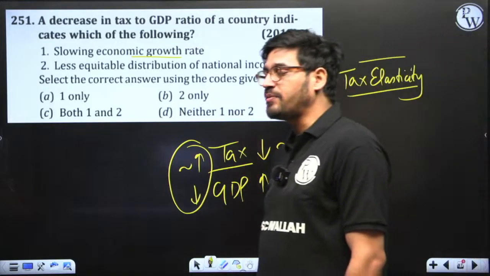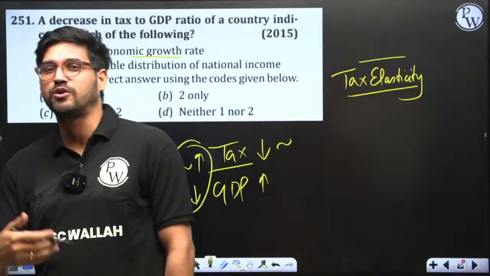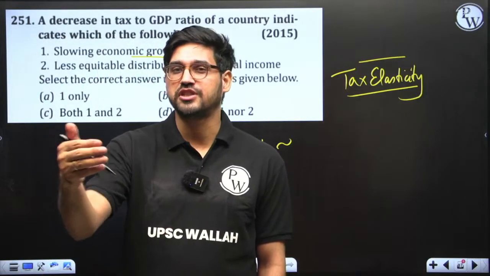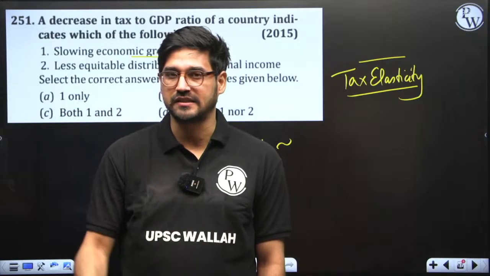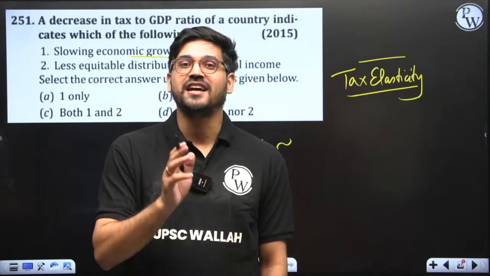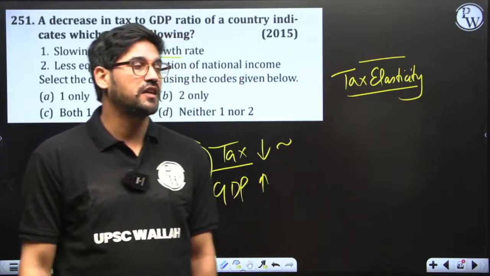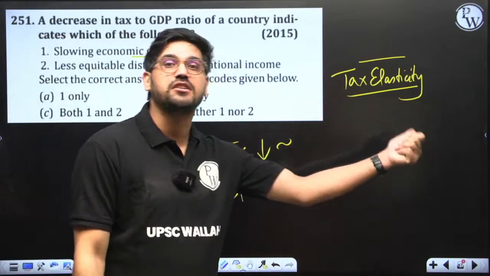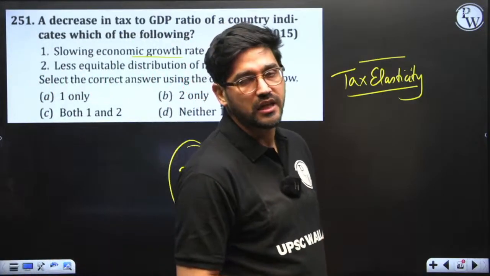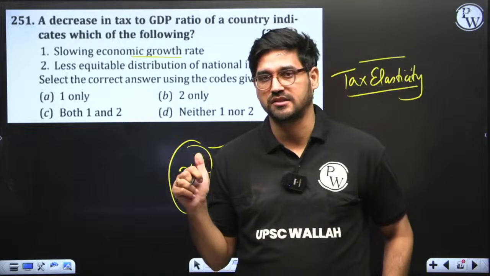Taxes and GDP have a strong positive correlation. That means as GDP increases, taxes also normally increase. Similarly, as GDP decreases, taxes also normally decrease. This is related to what is called the tax elasticity of an economy. An associated concept is called tax buoyancy, which is a different concept than tax elasticity.